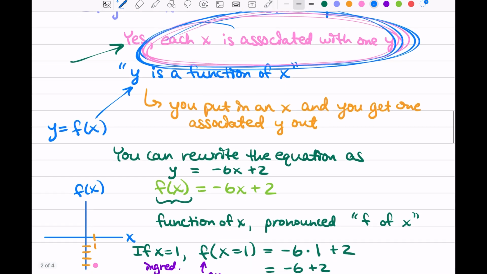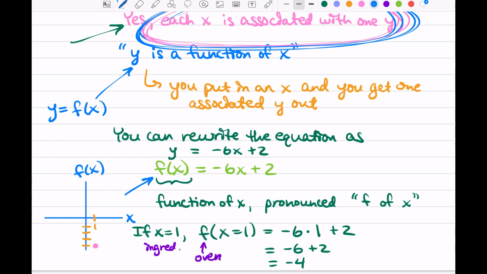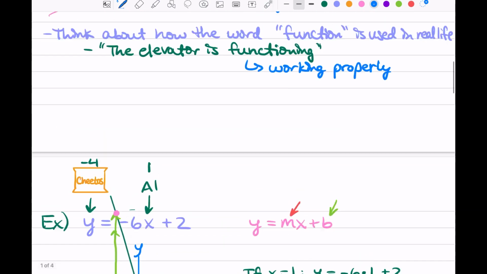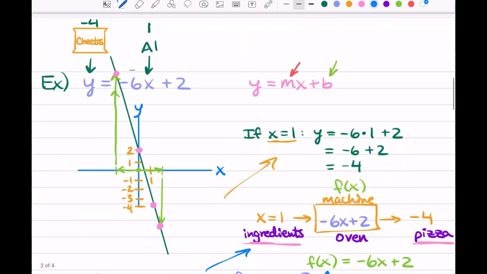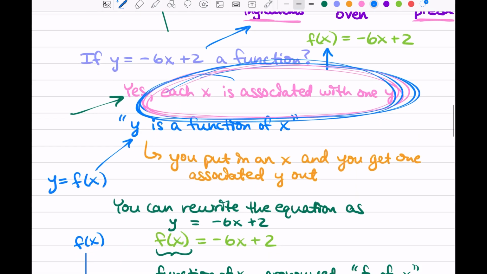This is a really important example because it introduces the function notation. So take some time, review, and just remember our vending machine or our pizza. Think of it like a real world example, and you'll get the concept.